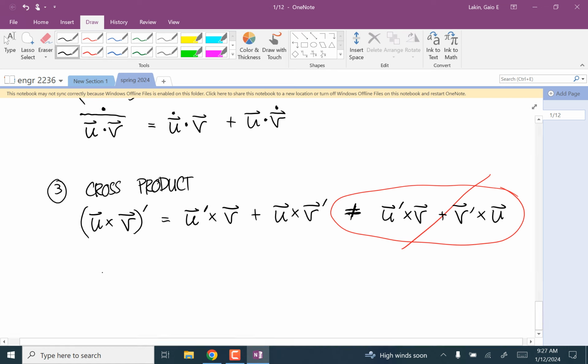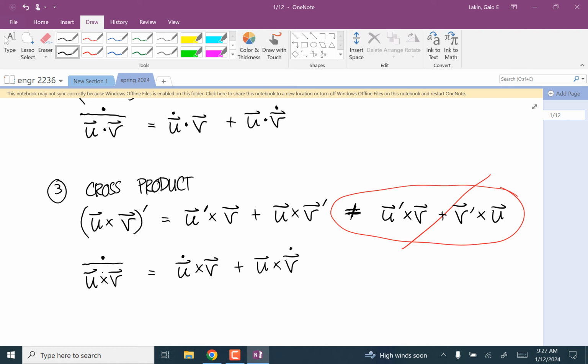And the same thing with time derivatives. So if you have u cross v, and you want the time derivative of the whole thing, that's equal to u dot cross v plus u cross v dot. So if you flip the cross products, it just does the inverse of the answer, correct?